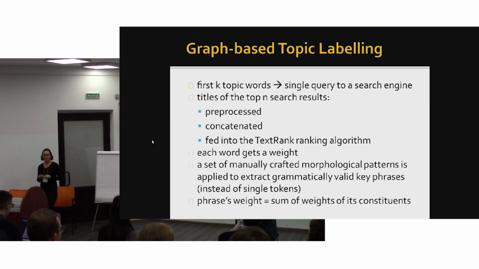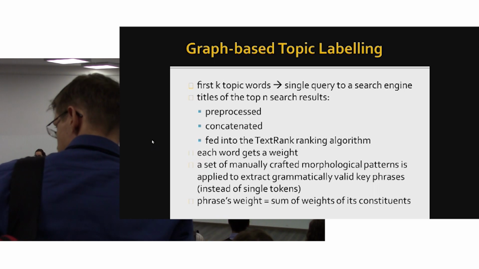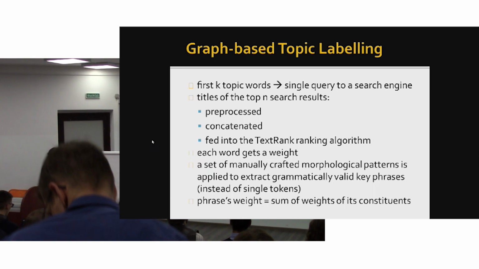Firstly, I'm going to describe an algorithm that we use as a strong baseline method in our research. We take the first k topic words for each topic and pose them as a single query to a search engine.